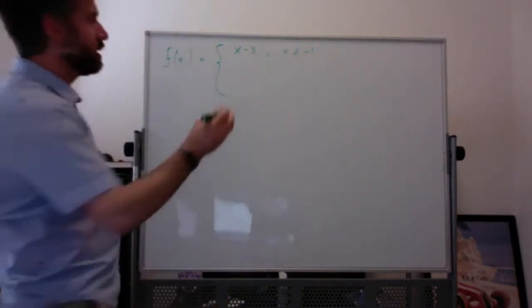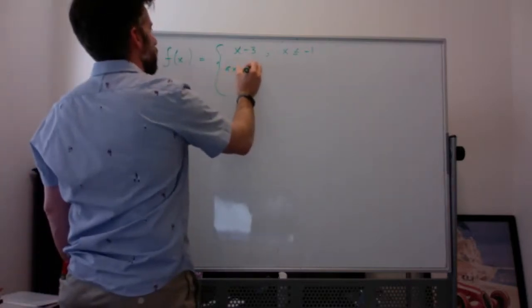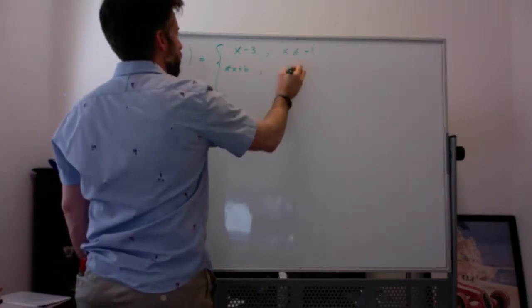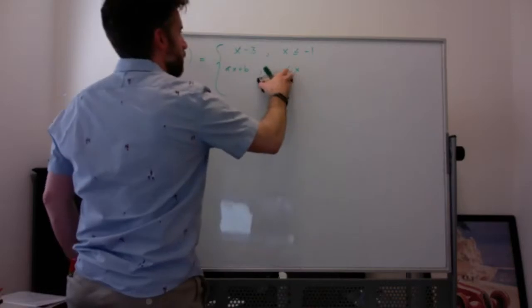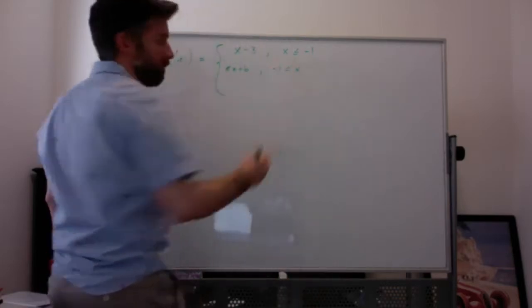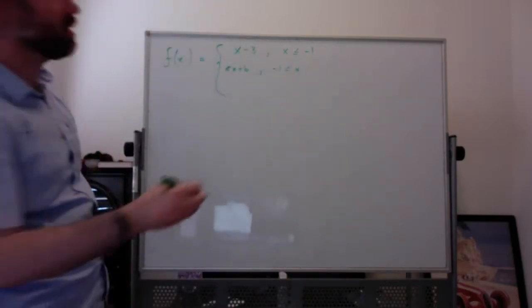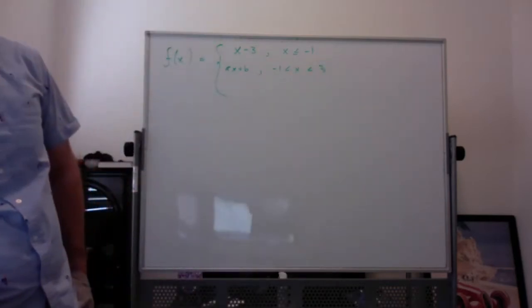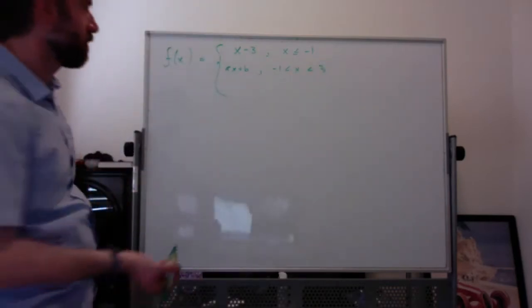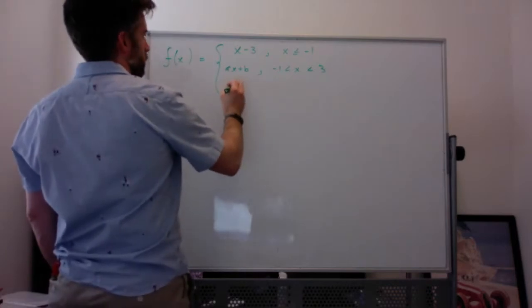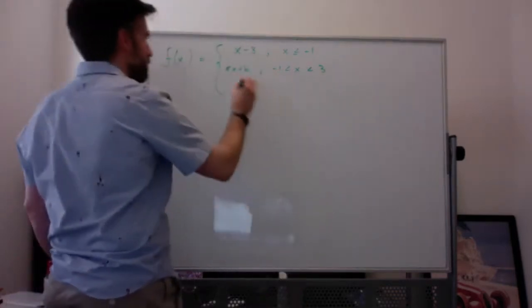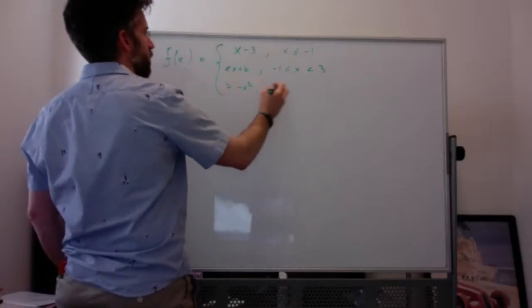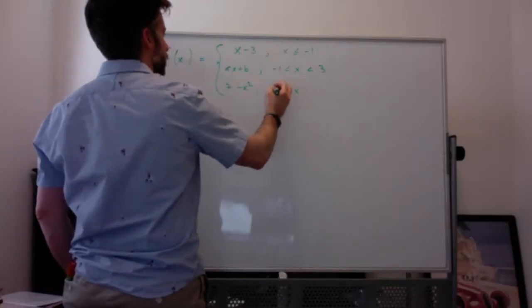And then it's ax plus b when x is between -1 and 3. And let's say it's 7 minus x squared when x is greater than or equal to 3.